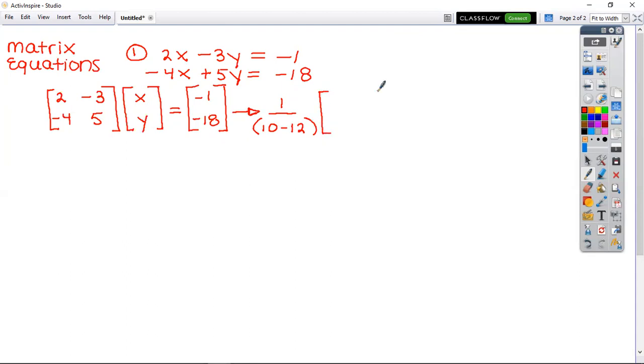Now I'm going to flip it again. And then you'll have the new part after. So I take it and I flip it. So it becomes 5 and 2. And then I negate it. So +4 and +3. But now what changes is you have this matrix. So that needs to be included as well.